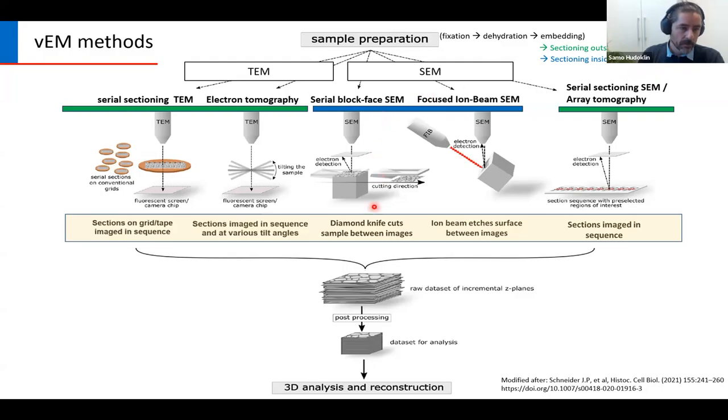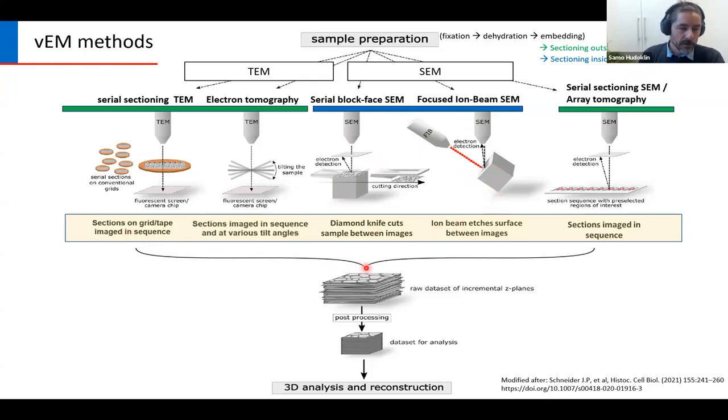And that can be by an ultramicrotome integrated within the electron microscope, or you can do the sectioning by focused ion beam to evaporate layers of material and then expose deeper layers to the SEM column.